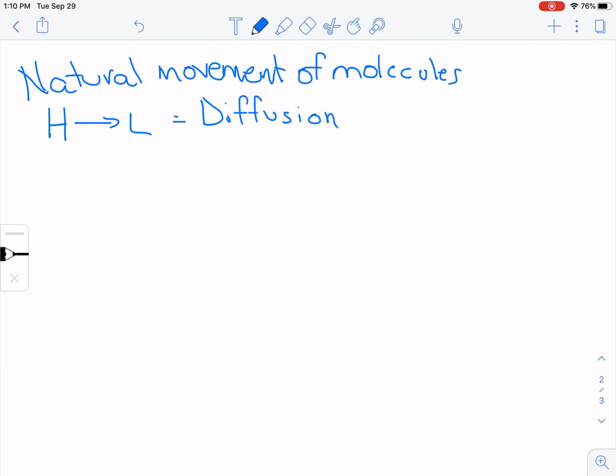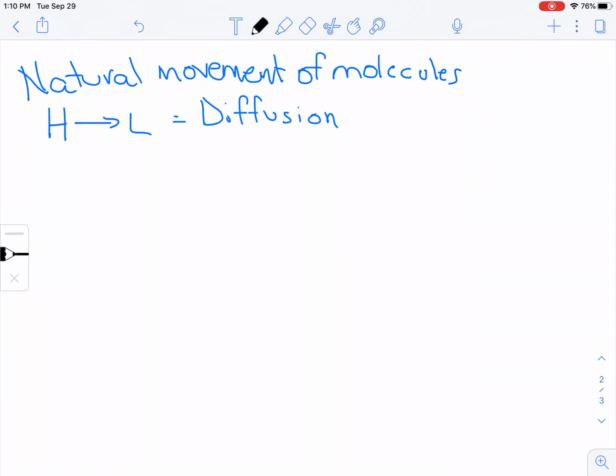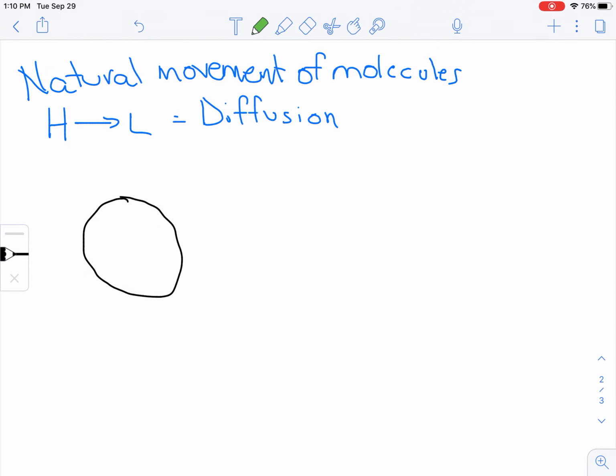So for example, let's say you have a cell. Here's my little picture of my fancy cell. Let's say on the inside of the cell we're talking about oxygen. Out here there is 25% oxygen. Inside the cell, let's say there's 7% oxygen.